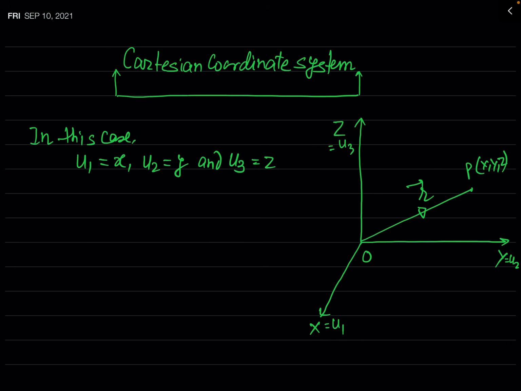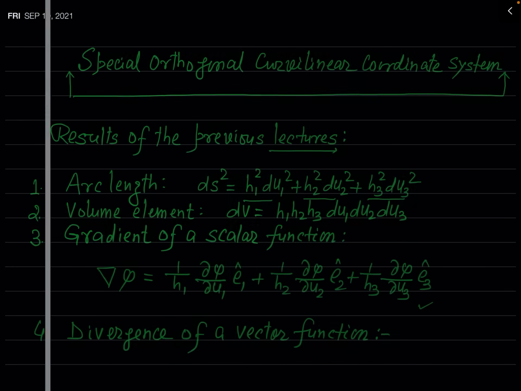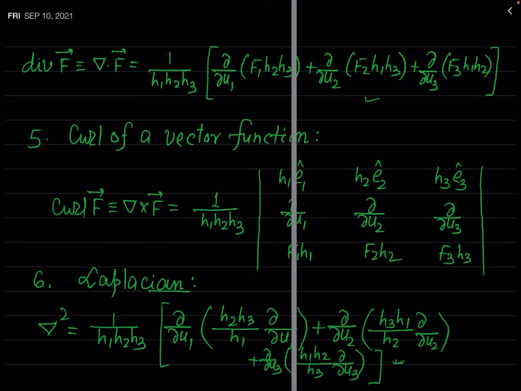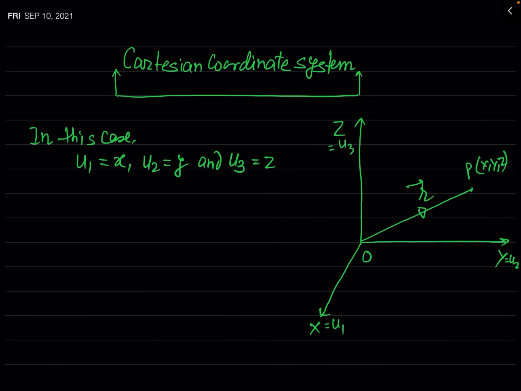Now you know the expression for the arc length in general orthogonal curvilinear coordinate system, which we have just seen here. This is the expression for arc length ds square. Now we will apply this result to the Cartesian coordinate system.